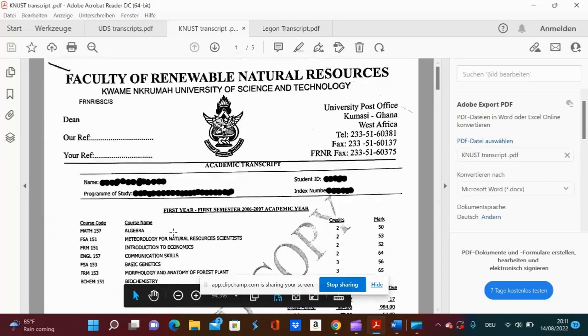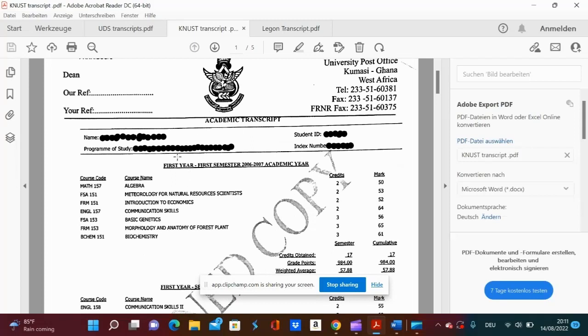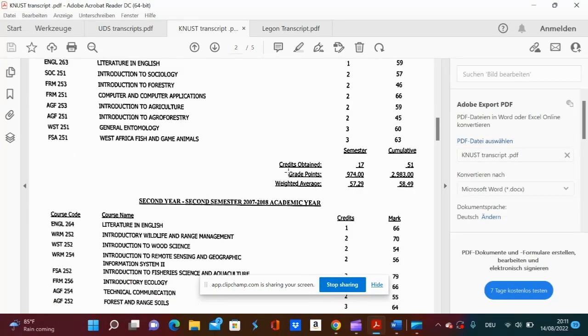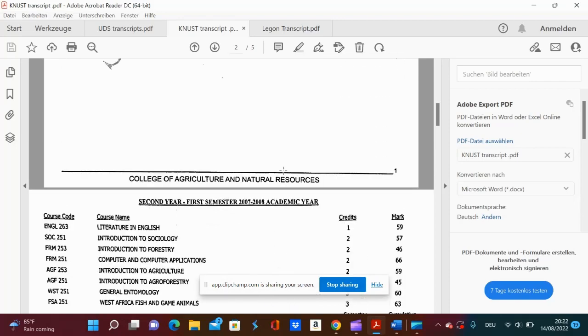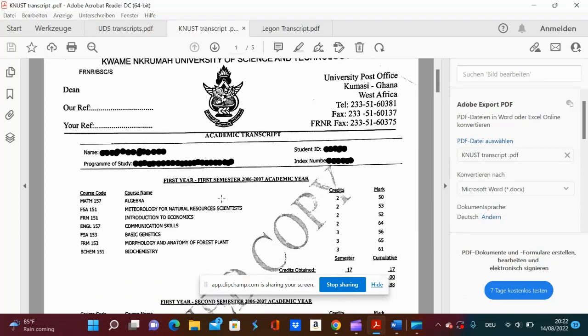With this transcript, for safety purposes, I had to cancel the name, the study program and the student ID. So I'll show you a transcript so that we can all do the calculations together. When you look at this transcript, it's a KNUST transcript. Sorry, it's just a copy I had.